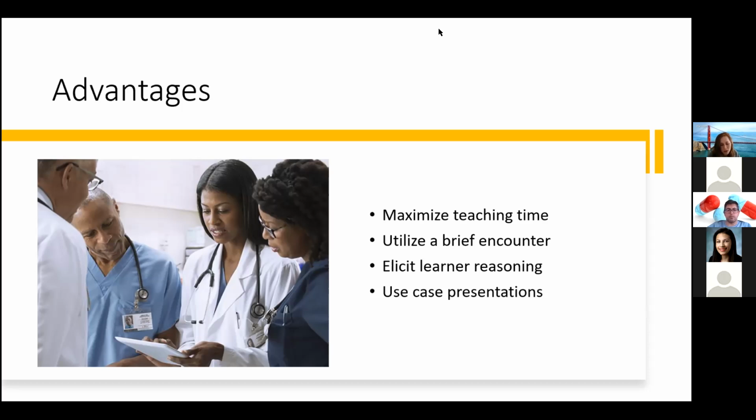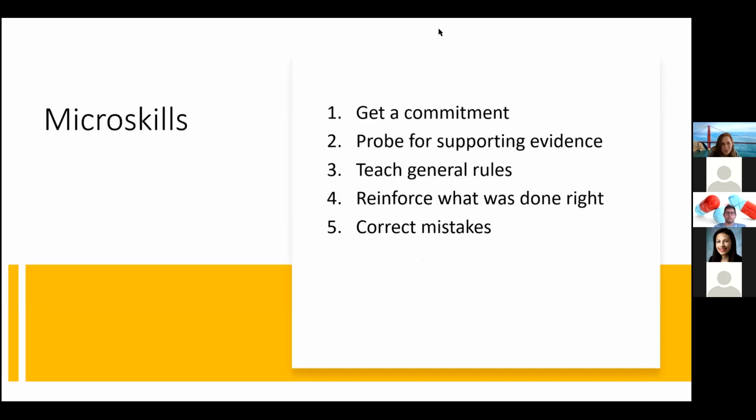So all of this model is broken down, as I mentioned, into 5 micro skills. The first one is to get a commitment, where you get the learner to make up their own decision on what's going on. And then you probe for supporting evidence. So find out how the learner arrived at that commitment once they make the commitment.